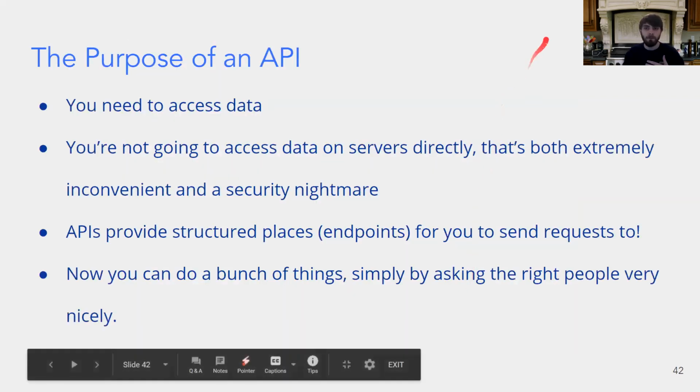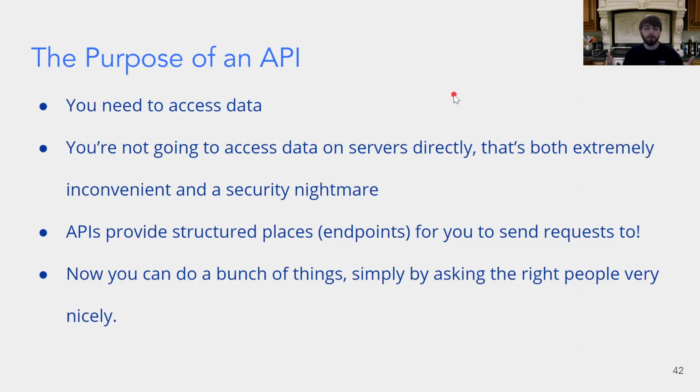So the purpose of an API: sometimes we, as normal mortal human beings, wish to access the data of our corporate overlords like Facebook and Google. You yourself will eventually have an API, so it's not just limited to the corporate world, but that's where all the cool APIs are. So you need to access data, and you're not going to directly access data on servers.